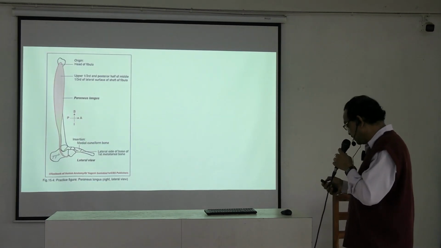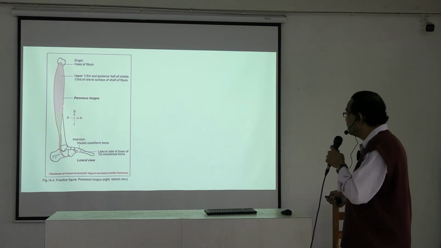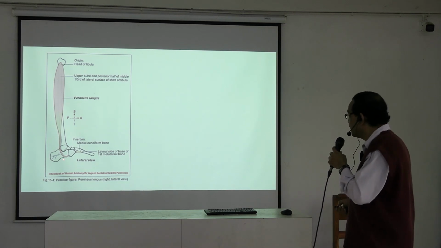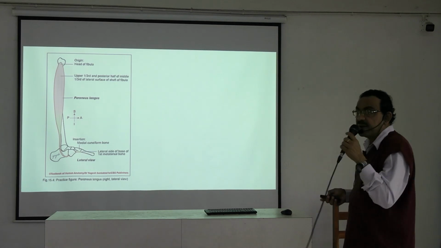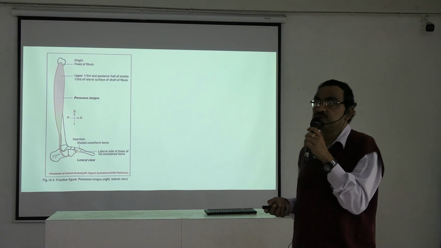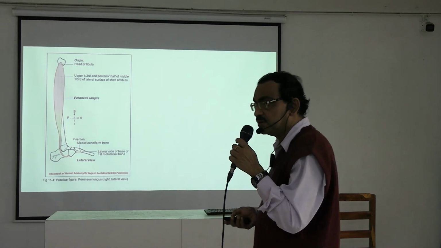You can see the course of this muscle, this course of the tendon, peroneus longus is attached to the medial cuneiform and on the lateral side of the base of the first metatarsal. They maintain the longitudinal and transverse arch of the foot.